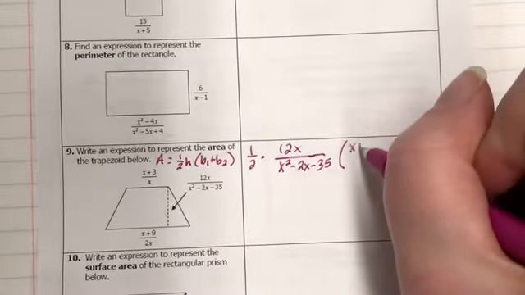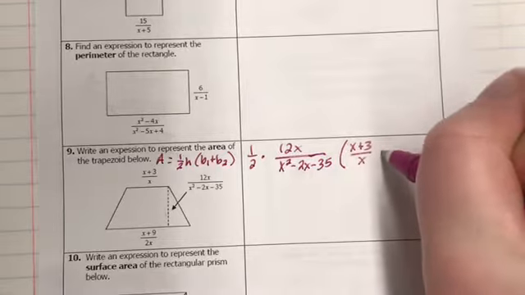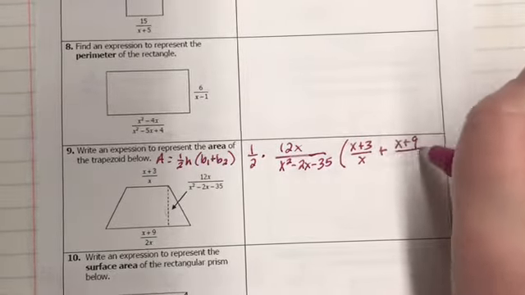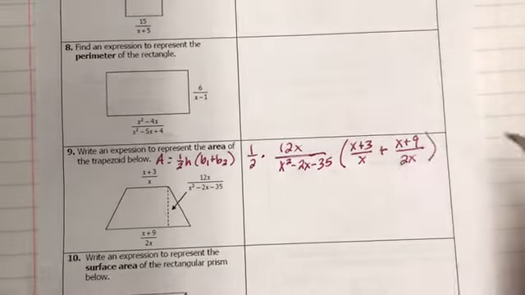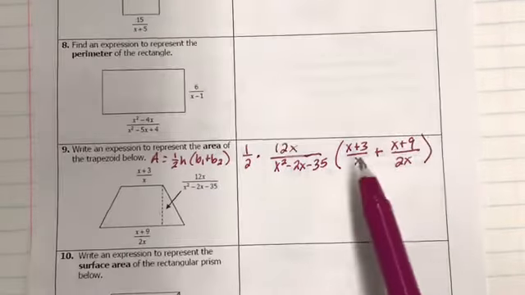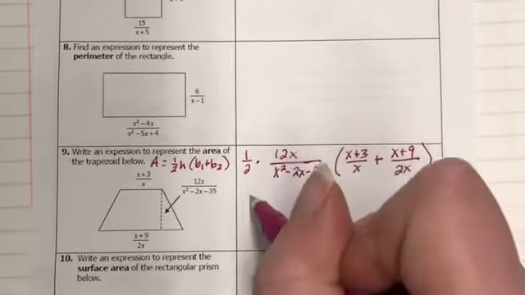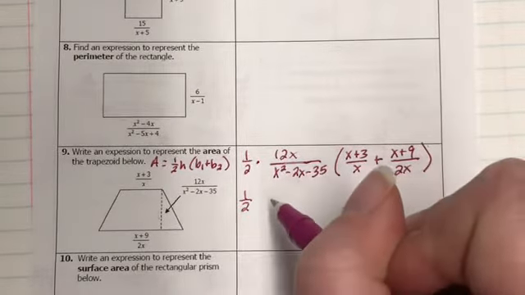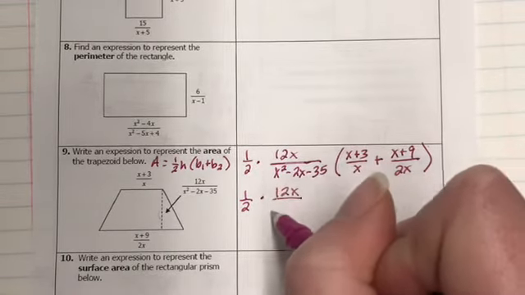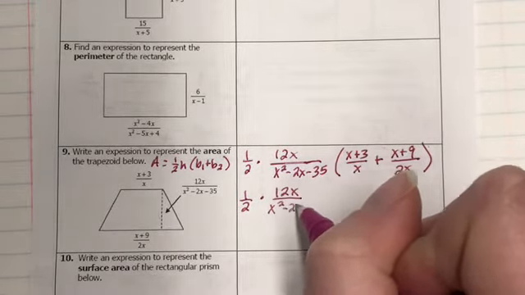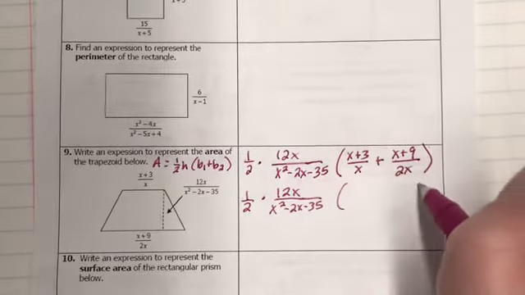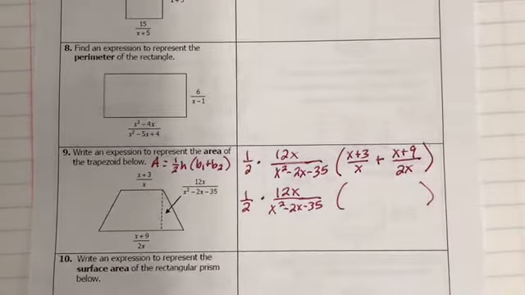So I'm going to have the x plus 3 over x plus x plus 9 over 2x. So I know I'm going to have to get a common denominator inside the parentheses to be able to combine those together. So I'm going to leave the 1/2 times 12x over x squared minus 2x minus 35 alone on the outside of the parentheses and just worry about what's going on inside the parentheses.